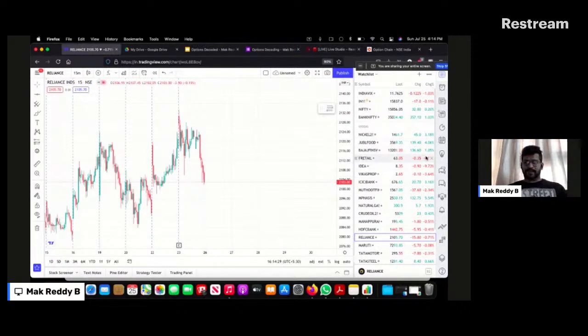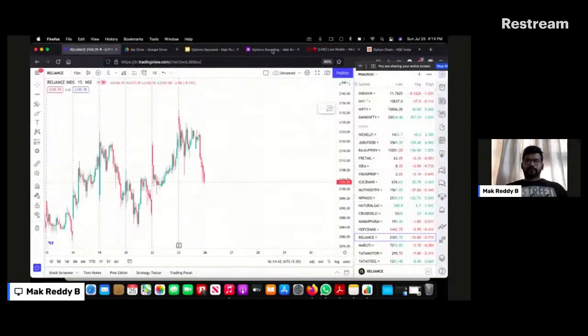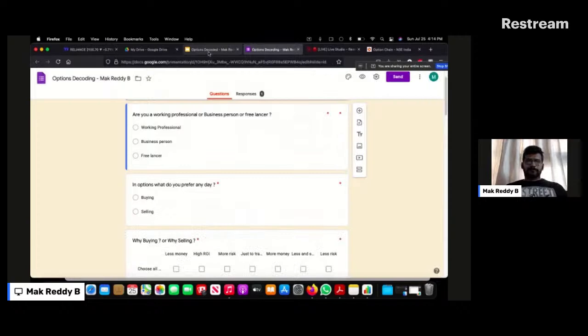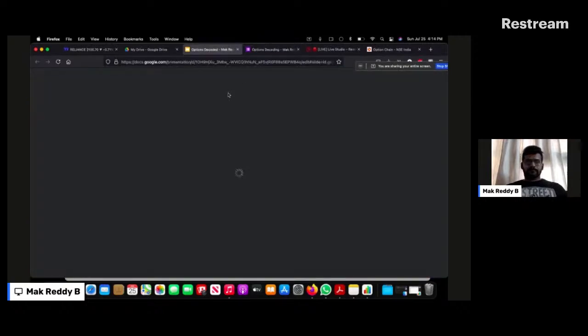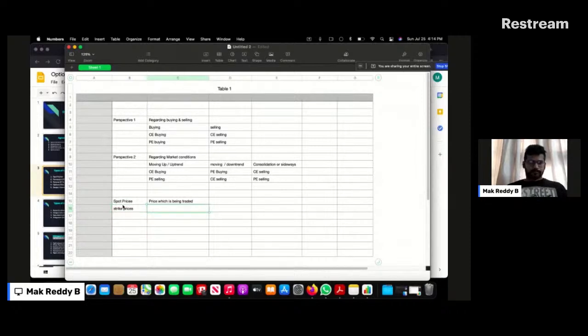The price where it was last traded, or when it is in the live market, the price where it is currently traded, is nothing but the spot price. We look at spot price, and we look at strike prices while trading in options. So now everybody knows what a spot price is.